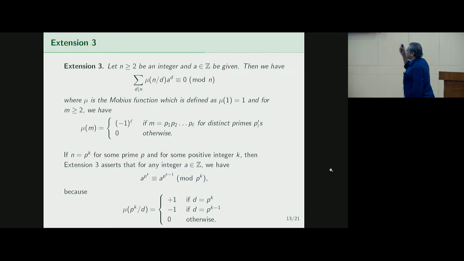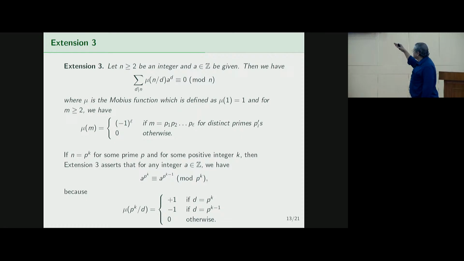First we will see why this is an extension of Fermat's theorem. When we take n equal to a prime power p to the power k for some prime p and some positive integer k, then this third extension gives a to the power p^k congruent to a to the power p^(k-1) modulo p^k. So when k equal to 1, you see it is Fermat's theorem.